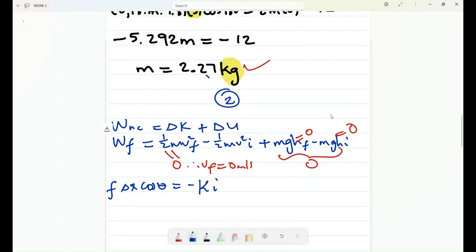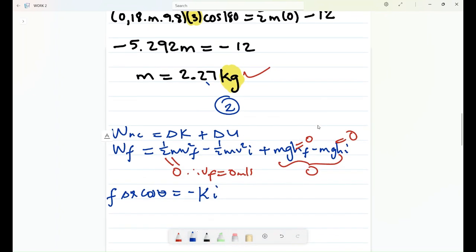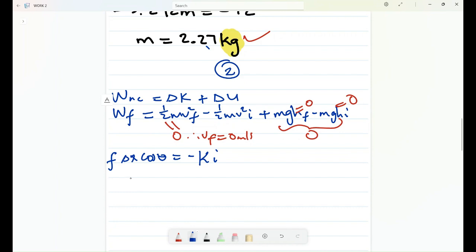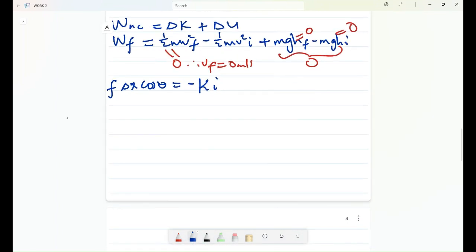And if you realize, what we have here is the same thing. Let me just substitute. What is my frictional force? I was given mu k. So it is mu k multiplied by the normal force, but my normal force is equal to mg in this case.